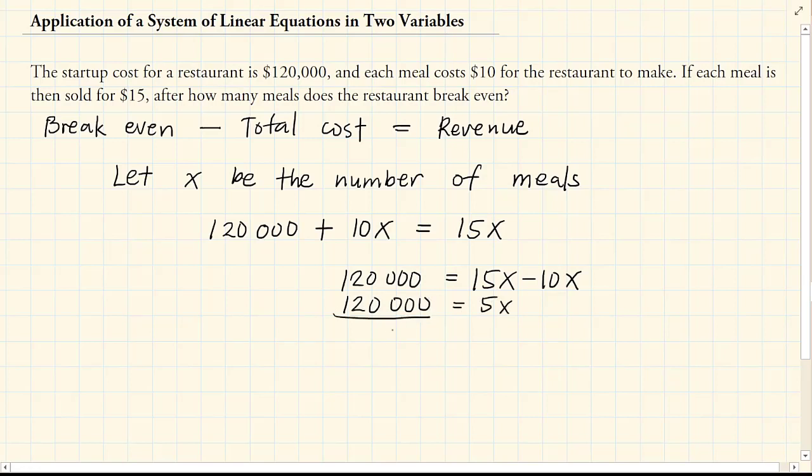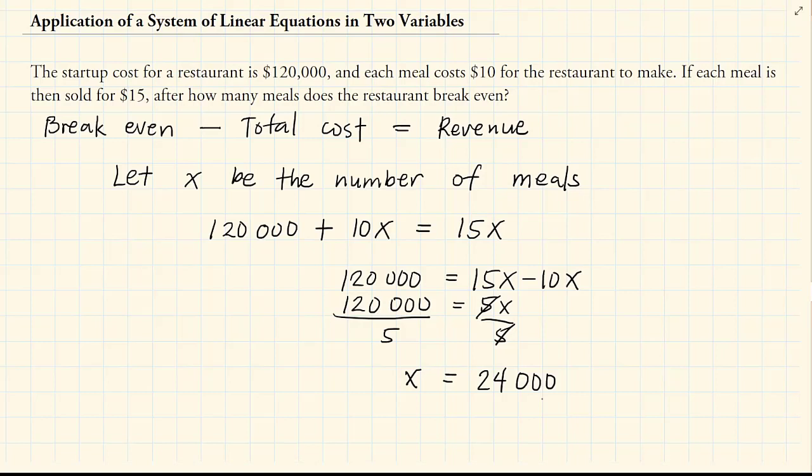We divide both sides by 5 to come up with x is equal to 120,000 divided by 5 is 24,000. Okay, so the answer for this one is 24,000 meals. Okay, so the restaurant needs to serve 24,000 for them to break even. Okay, so that's it for this problem.